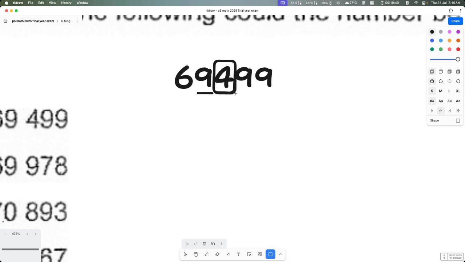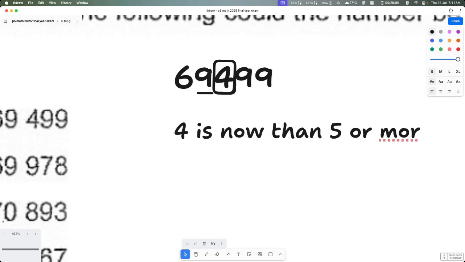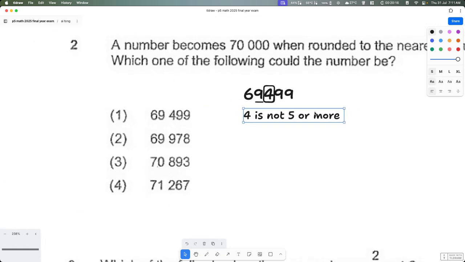Is 4 smaller than 5 or more? 4 is not 5 or more, so in this case this will be an X. This will eventually become 69,000.